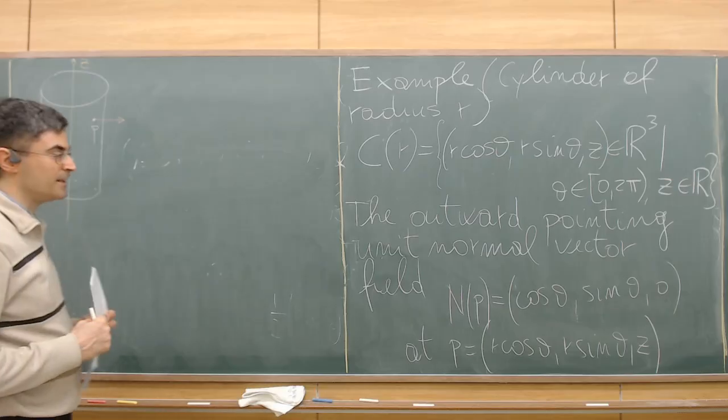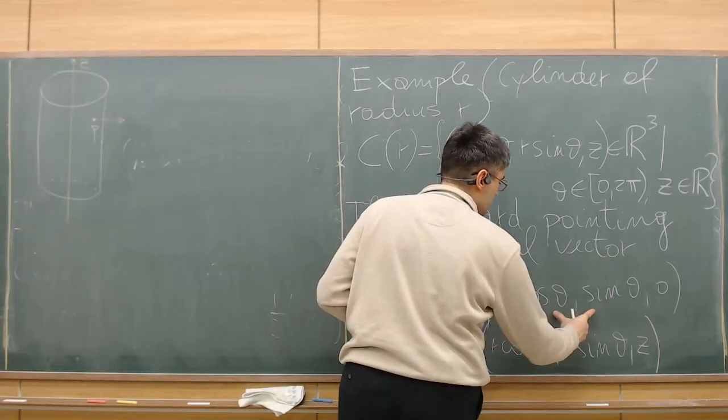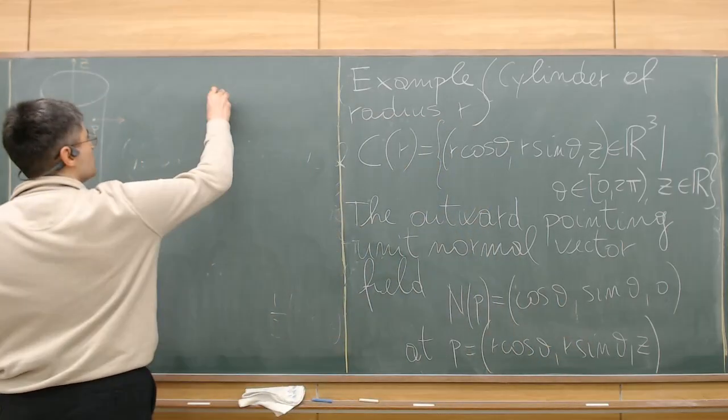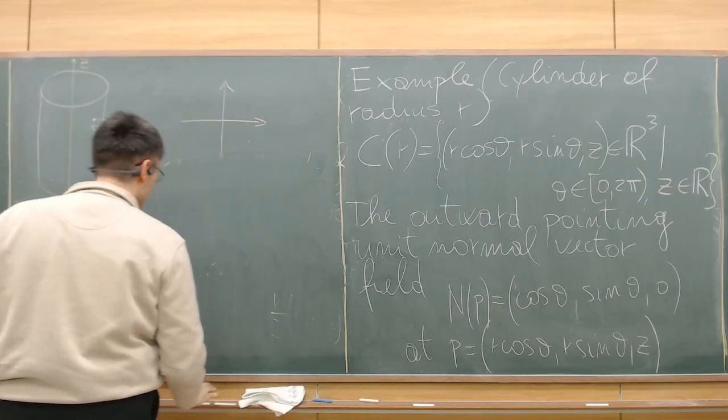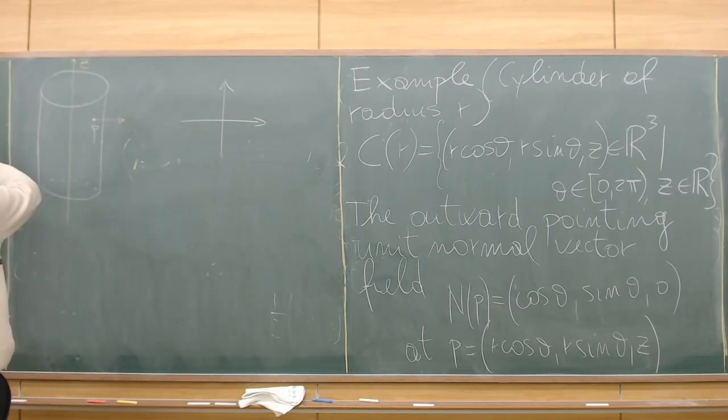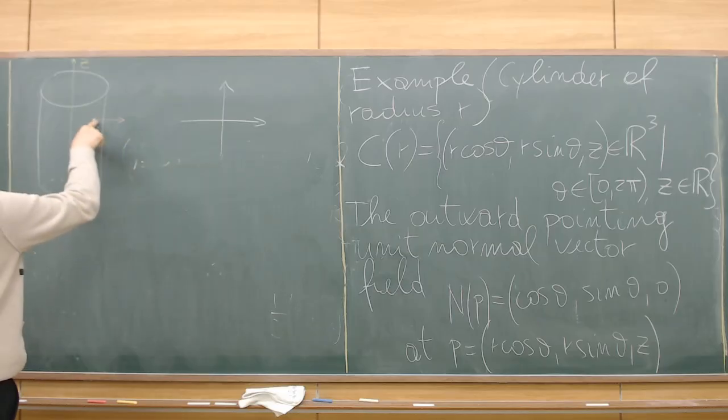And in order to find the first two components, it's enough to work with a circle that you get if you intersect the cylinder with the horizontal plane passing through P.